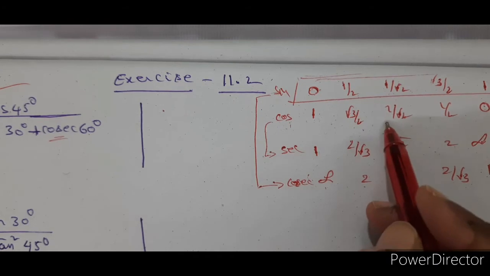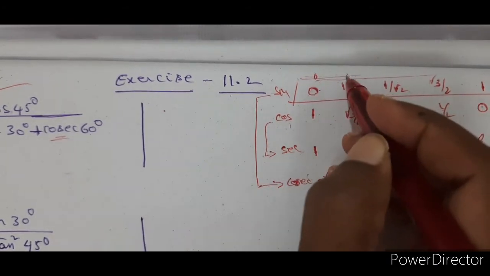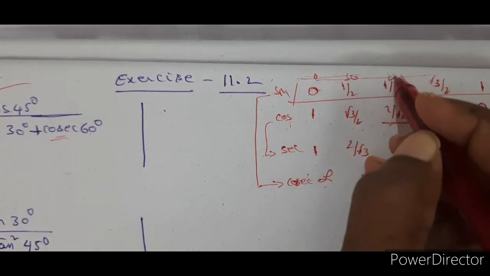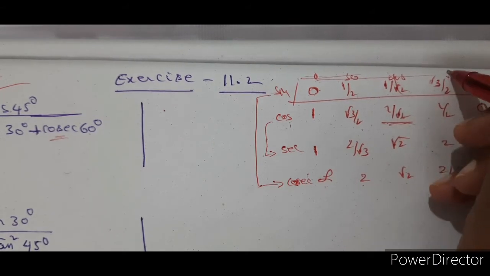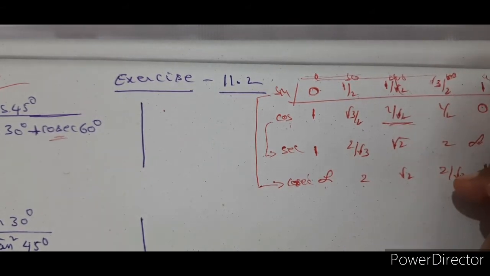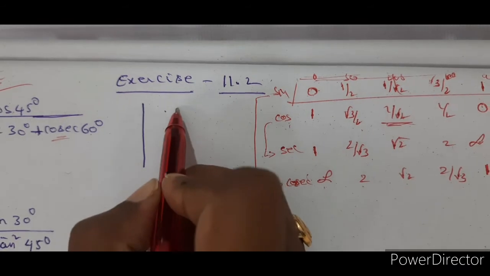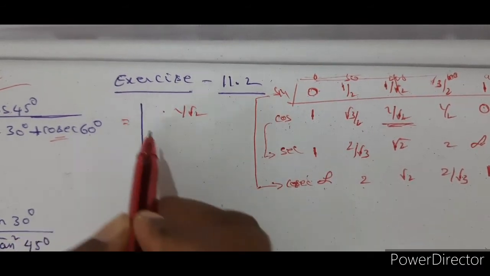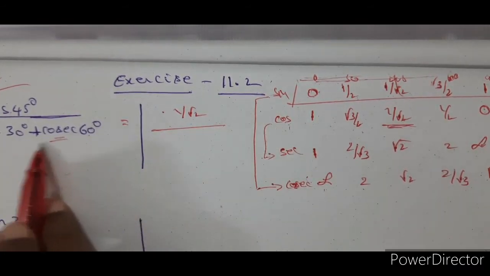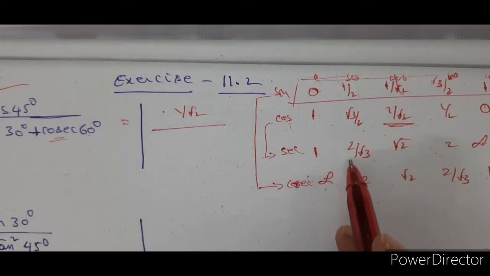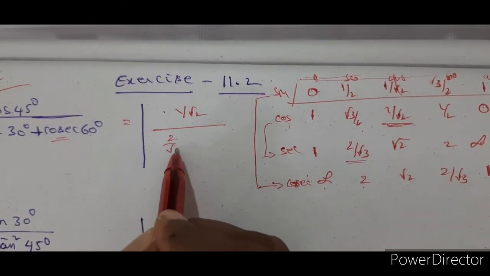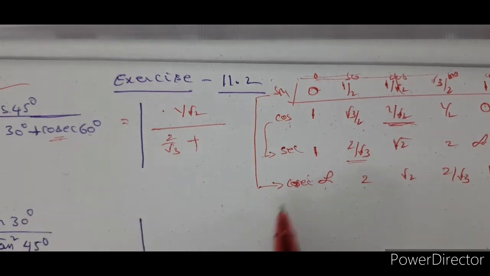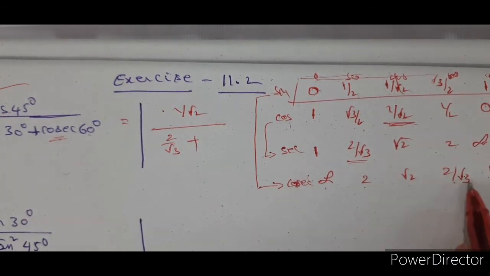The angles are 0, 30, 45, 60 and 90. So cos 45 is 1 by root 2. This is equal to 1 by root 2 divided by secant 30. Secant 30 is 2 by root 3, plus cosecant 60. Cosecant 60 is 2 by root 3.